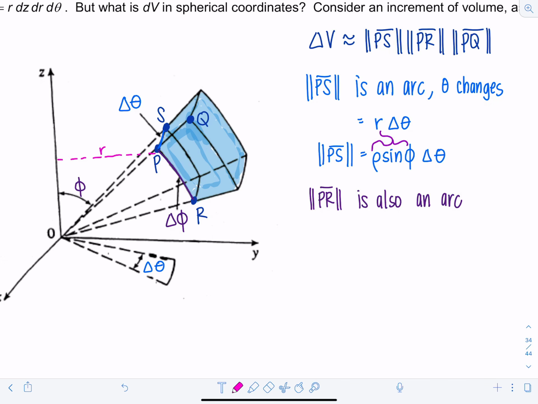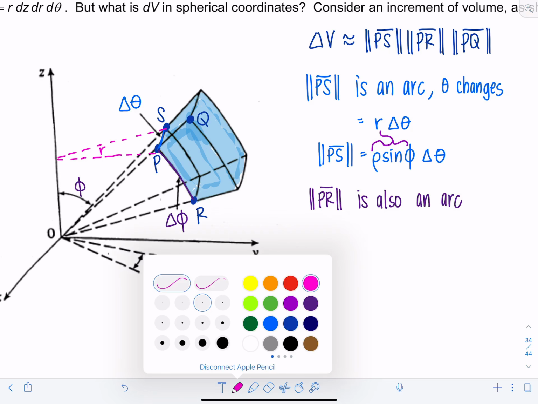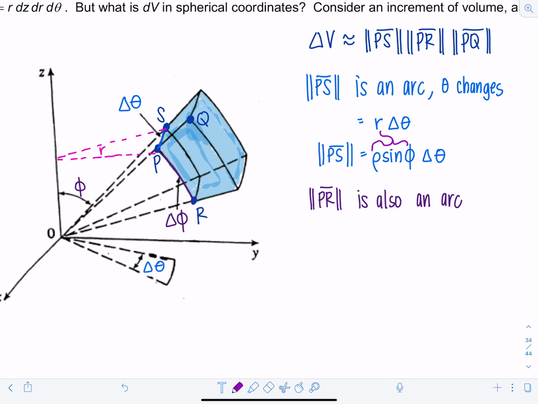Okay, good. Maybe I'll add this here so you could see that's your delta theta going on right there. So delta phi, I'll even add it in right here if you want to see it. This right here, this is your delta phi. Beautiful. All right, so PR is also an arc.